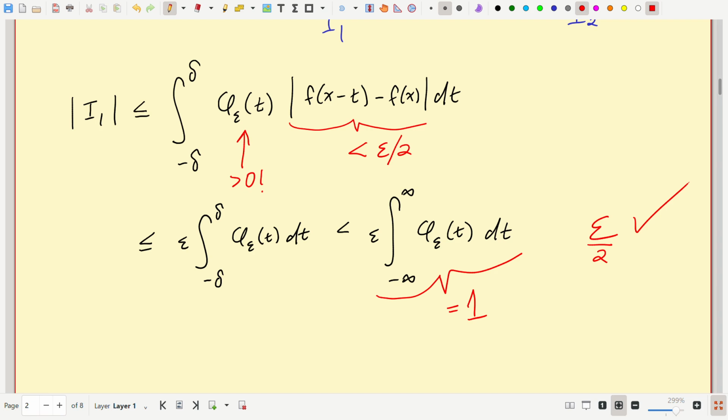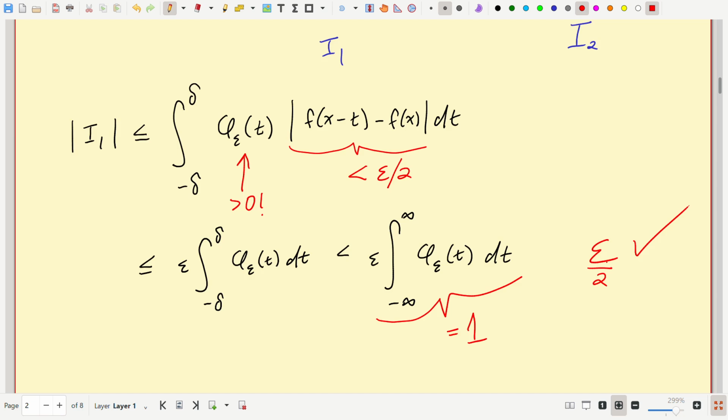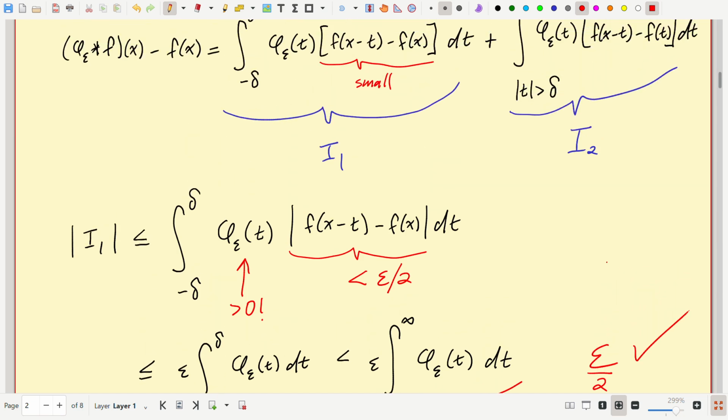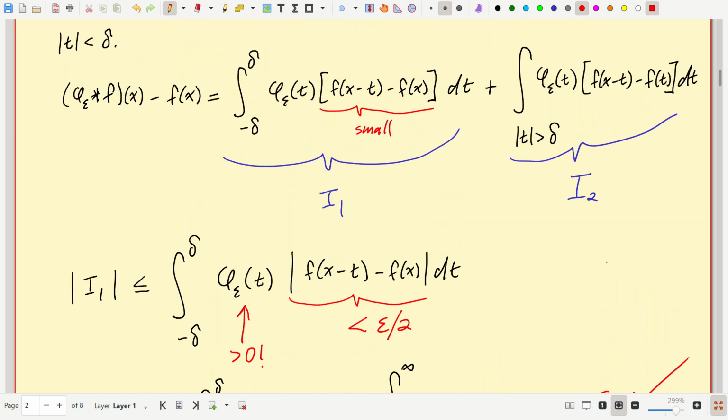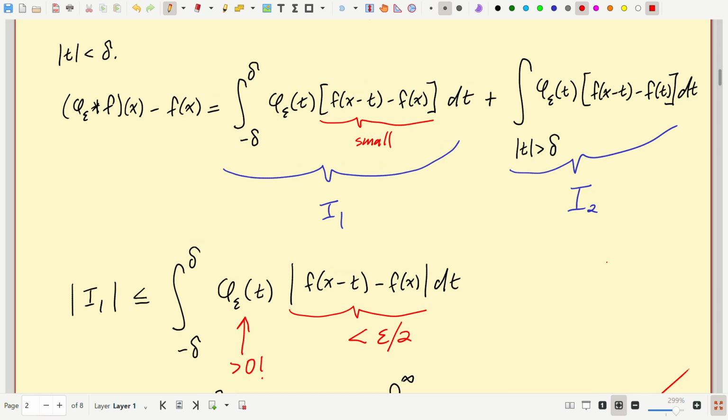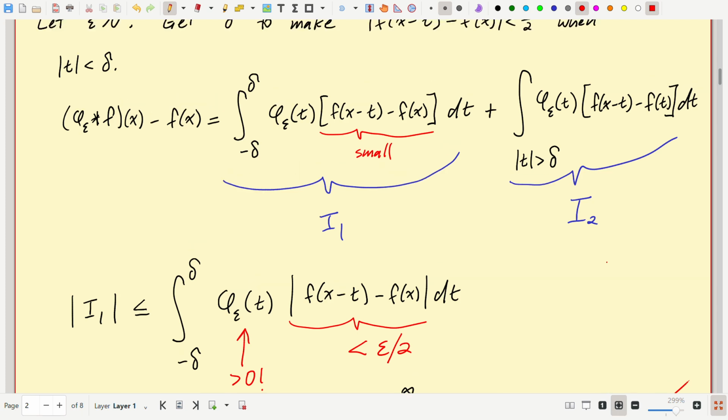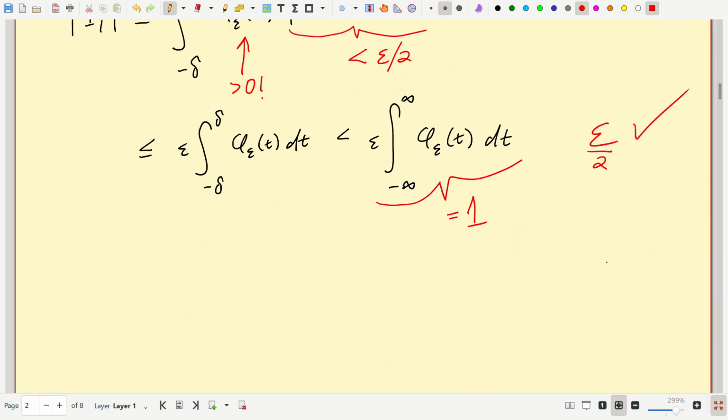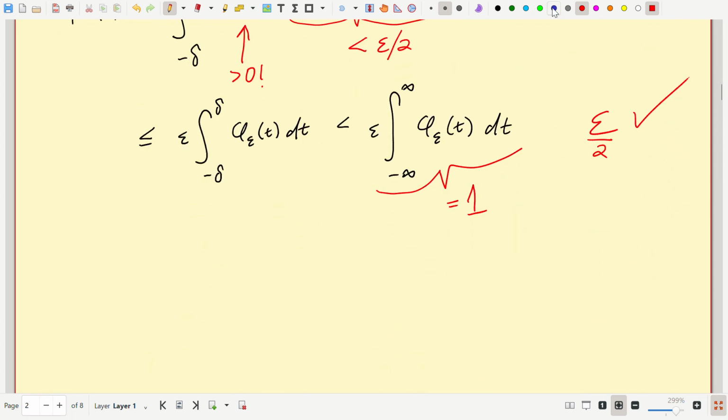Okay. And now we have to estimate, well, your homework. Let's see, I need to estimate integral 2. And there, the key is that since f is going to 0 at infinity, that thing, the f part, is going to be a bounded thing. So let's now mess around with I2.